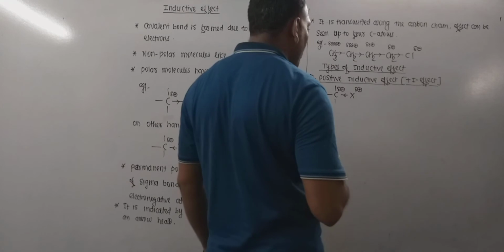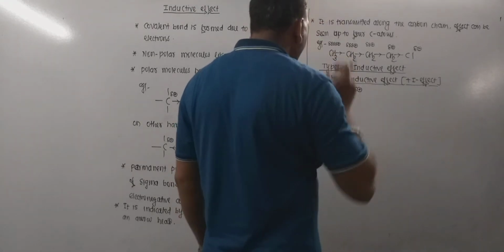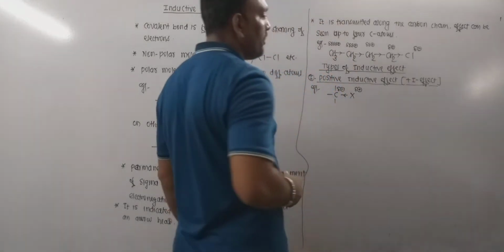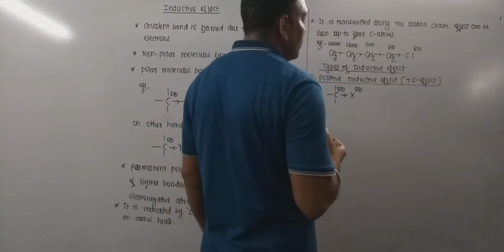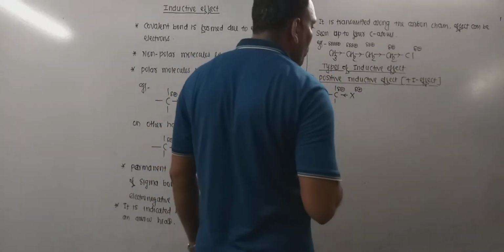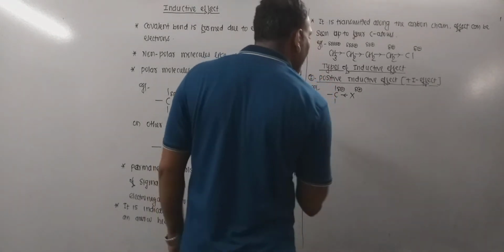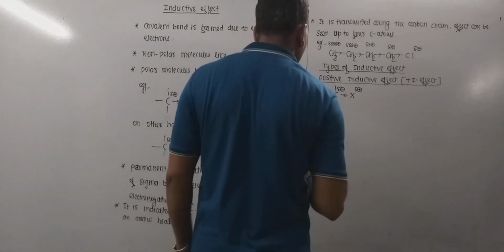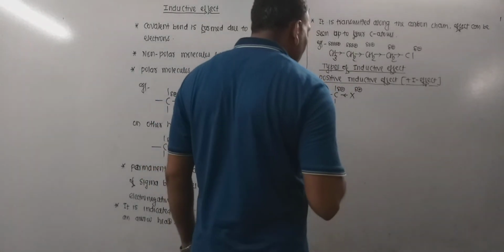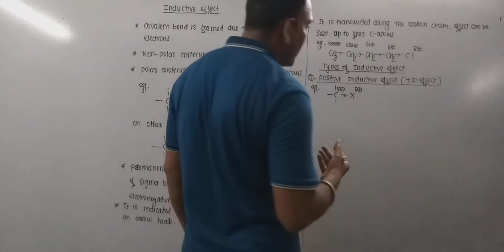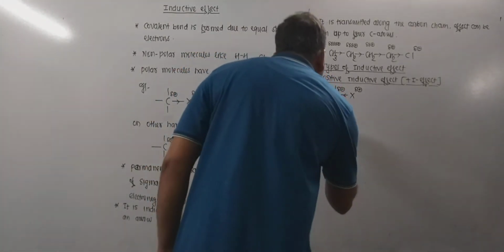The positive inductive effect. Now positive inductive effect can be seen only when special types of groups which may repel electrons towards carbon are attached. So those groups which initiate such type of effect are called plus I groups.